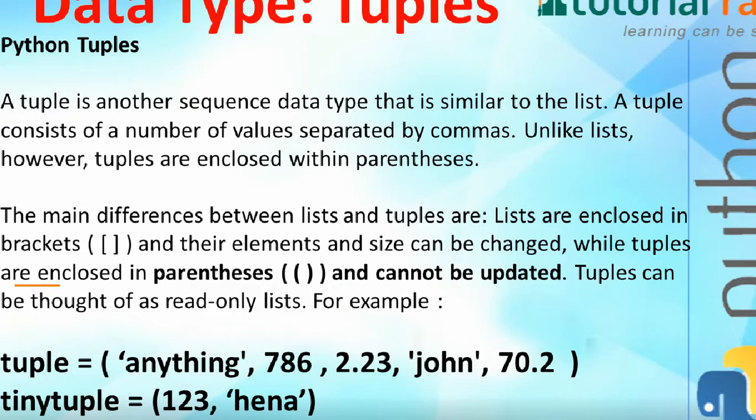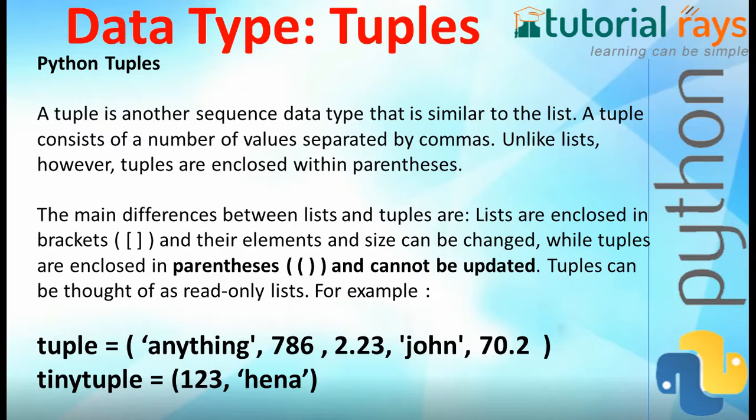It is enclosed in parentheses and it cannot be updated. So that means tuples are immutable. Tuples can be thought of as read-only lists. For example, here you can see the tuple is enclosed with parentheses rather than square brackets.